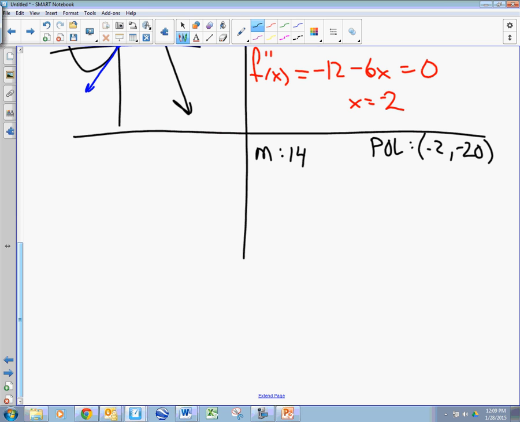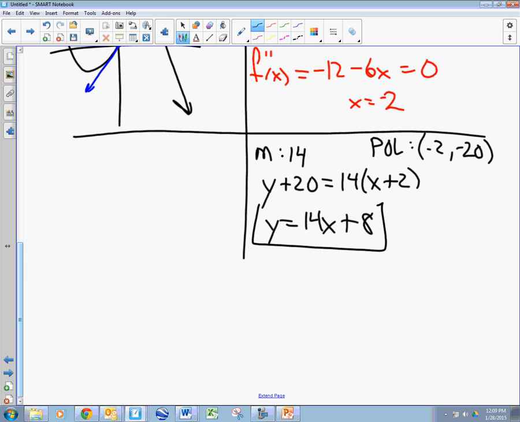We will write the equation for the line, y minus y sub 1, so plus 20, equals m times x minus x sub 1 plus 2. You could leave that on the AP Calculus exam in the free response section. They would accept that as an answer. I'm going to ask you to put it in slope-intercept form. Y equals 14x plus 8. Done and done.